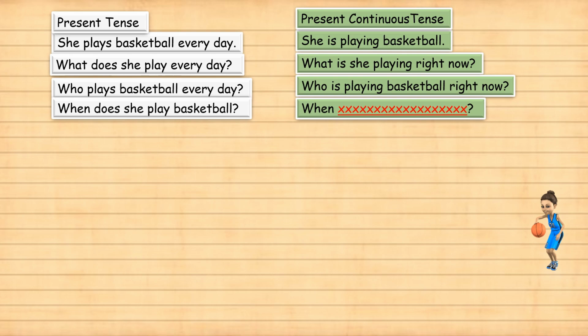Write these sentences in past tense. The verb to play is a regular action verb. She played basketball yesterday. What did she play yesterday?